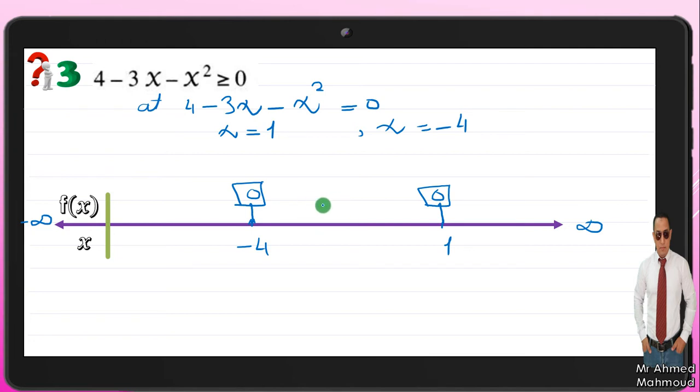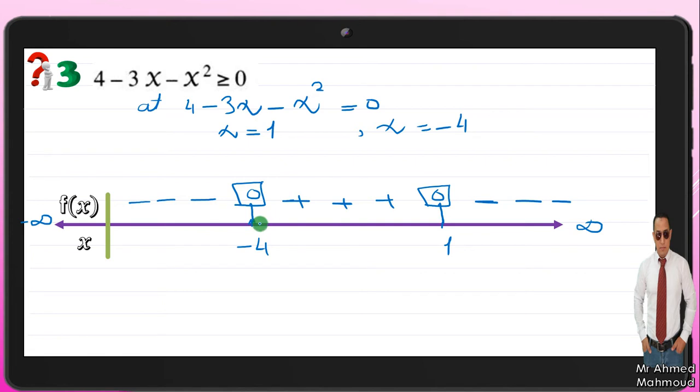In between, the opposite to x power of 2, x power of 2 here is negative, then in between there are the positive sign, and outside we have the negative sign here and here. So I need what? I need the function at x greater than or equal to. So I need the positives and the zeros. The positive between negative 4 and 1.